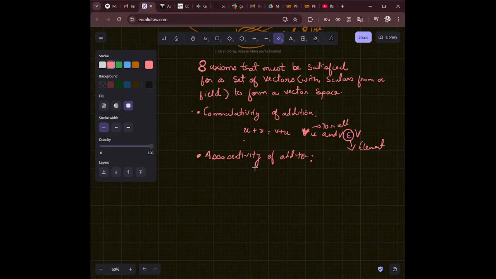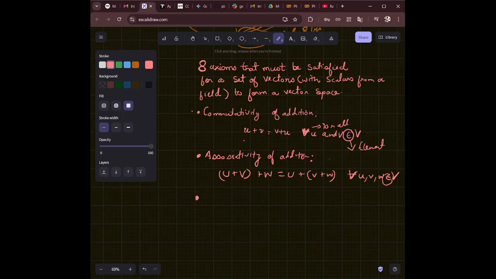If we have multiple elements, we are trying to add (u plus v) plus w equals u plus (v plus w), for every u, v, w which belongs to the set V. As we said earlier, every element u, v, w which belongs to the set.